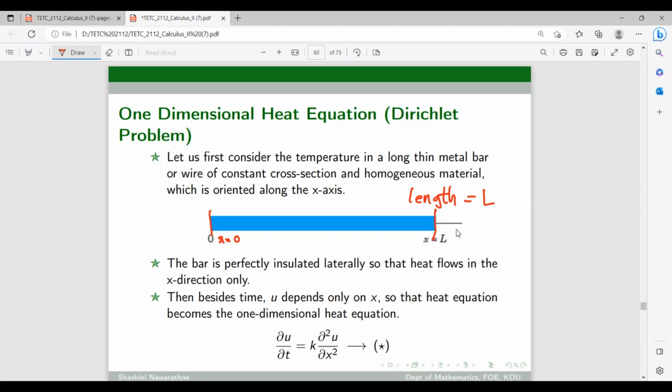So normally in a problem like this, the one-dimensional heat equation, to solve this type of problem, there are 2 types of additional conditions provided. We have discussed how to solve initial value problems. I hope you can remember.